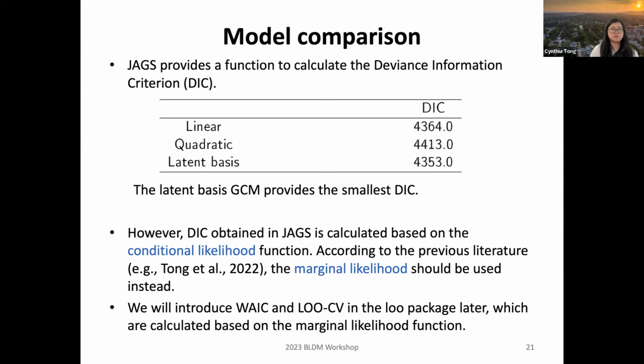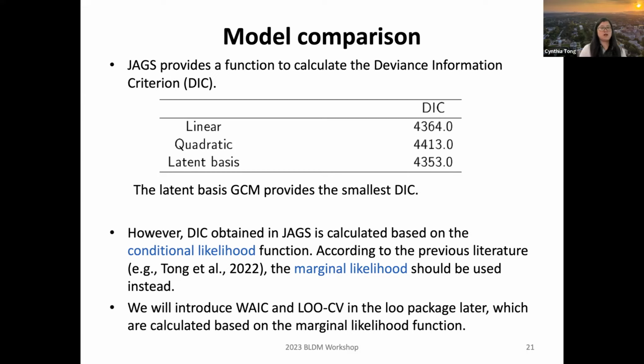And JAGS actually provides a function to calculate DIC. For the data set I just showed you, I fit linear, quadratic, and latent basis growth curve models, and I calculated DIC. And from what we have here, it seems like the latent basis model fits the data the best because it has the smallest DIC.